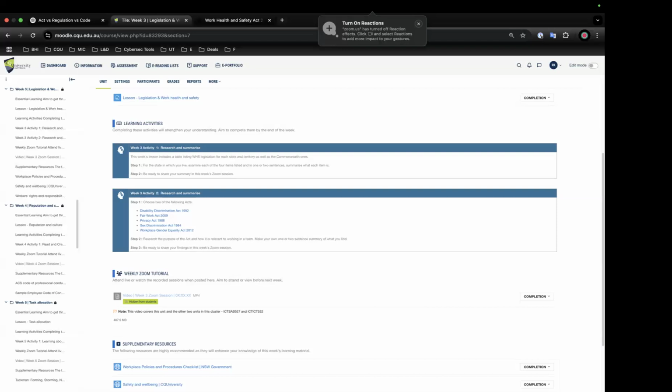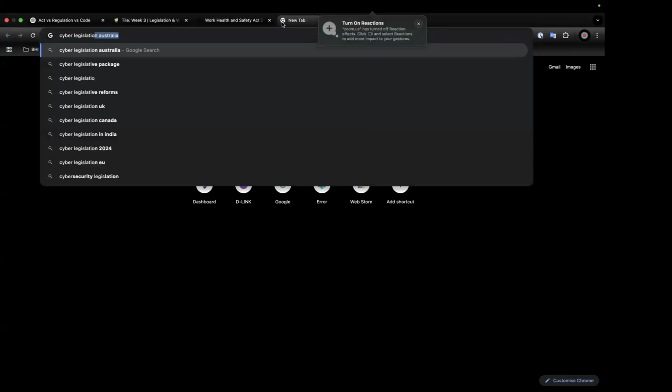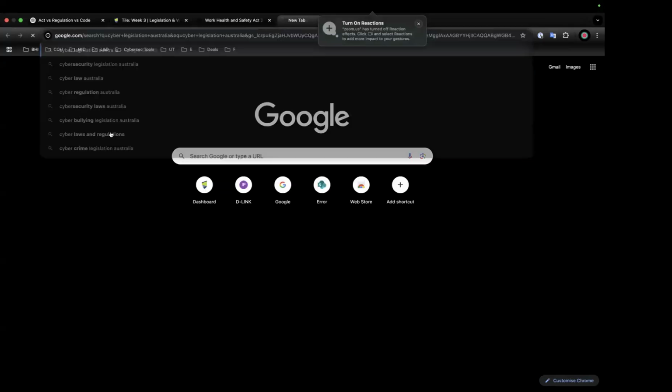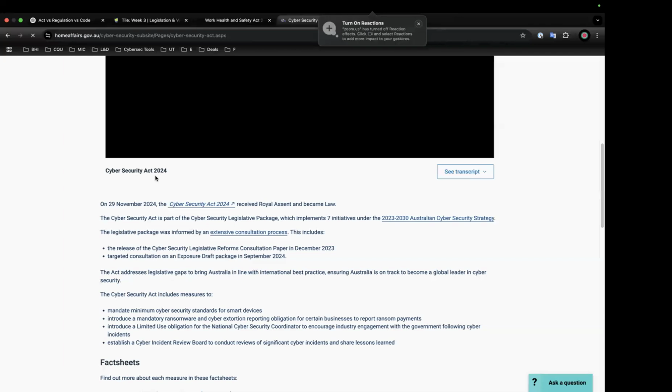Has it been put through Parliament that companies can't pay ransoms? Yeah, good point. I think there's a new Cyber Legislation Act regarding that you can't pay it. I did remember something like that specified in the act.